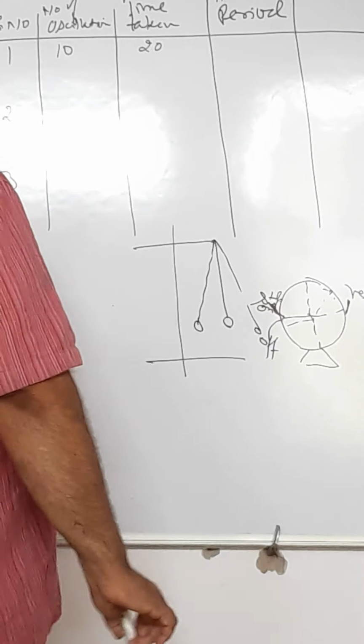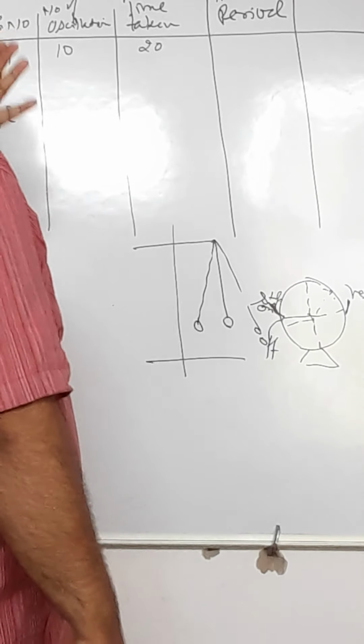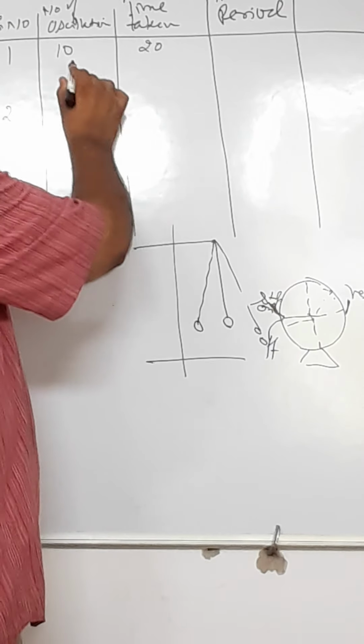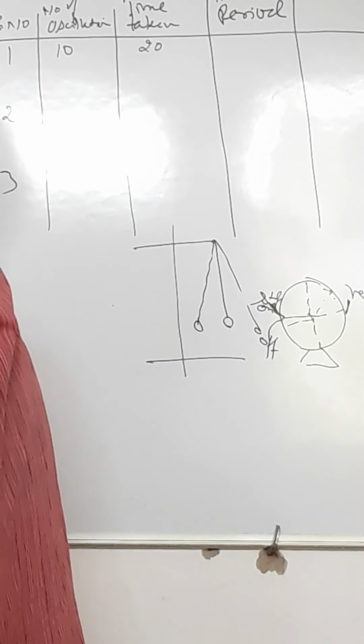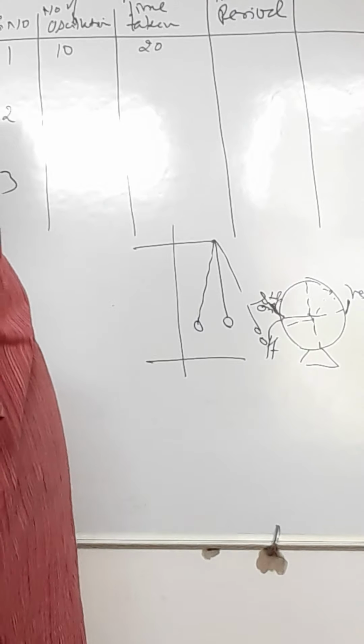We take the time for 10 oscillations, 20 oscillations, 30 oscillations, and so on. We take 4-5 readings and find the time period.